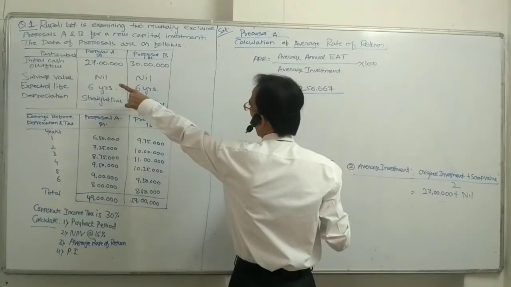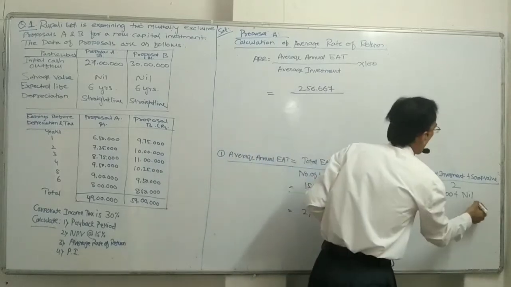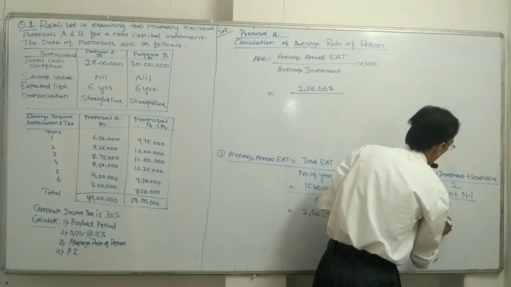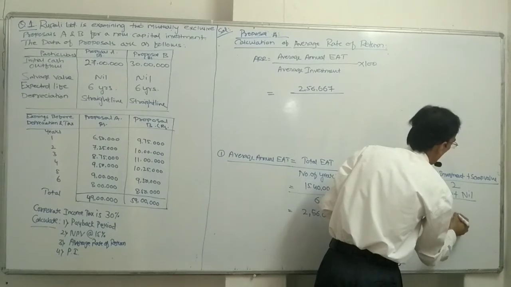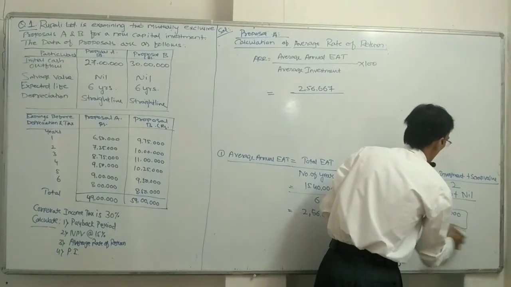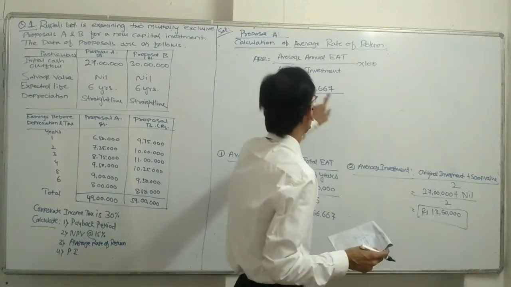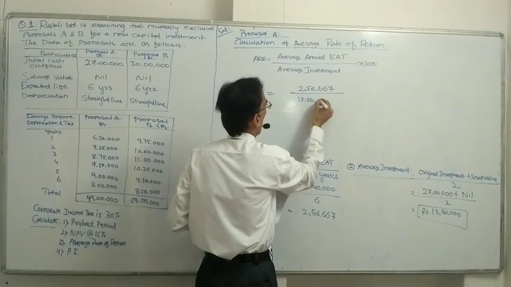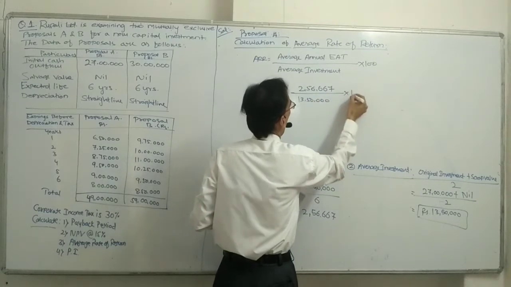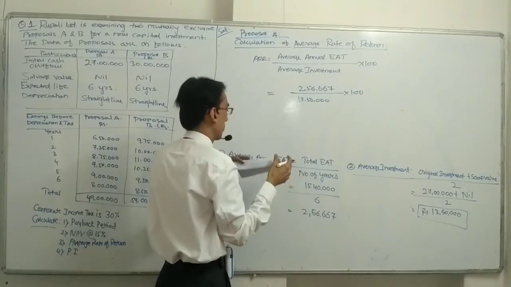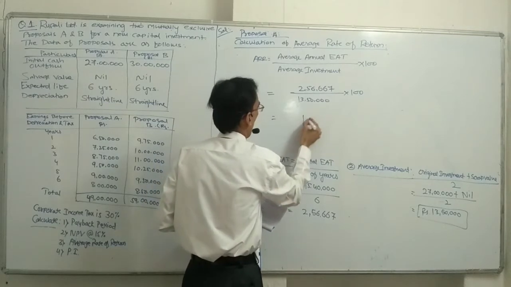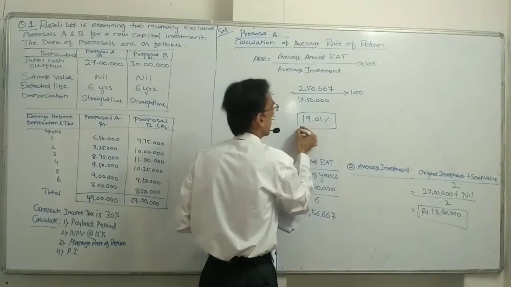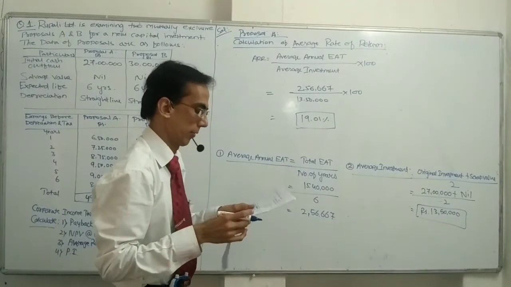Salvage value for A is nil divided by 2. It comes to rupees 13,50,000. Now we need to put this average investment here, 13,50,000 into 100. The answer comes to 19.01 percentage rate of return.